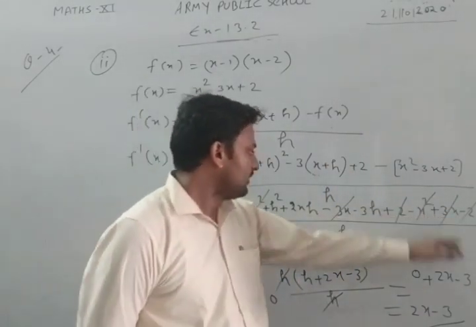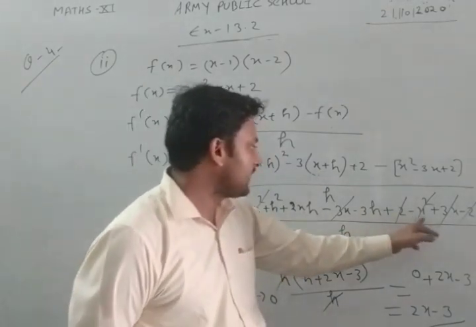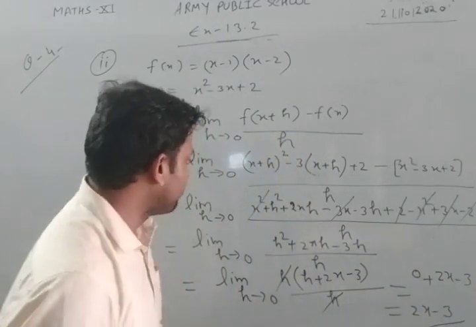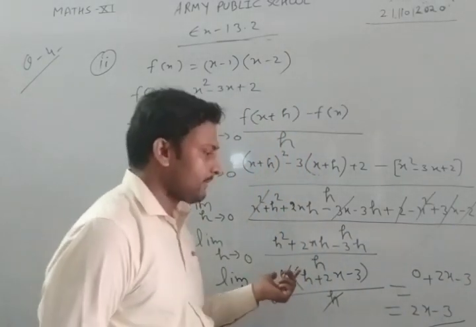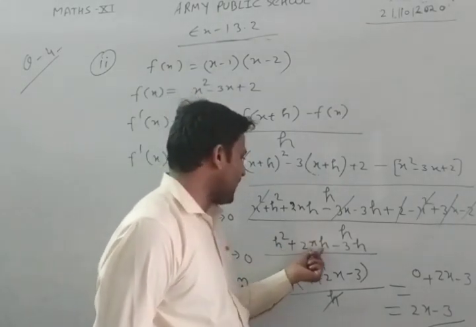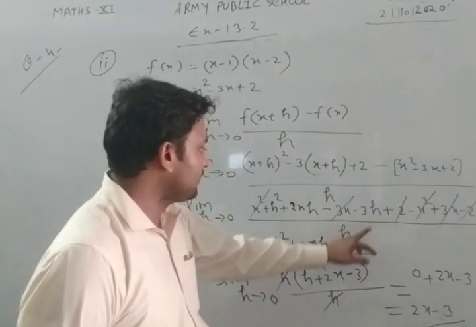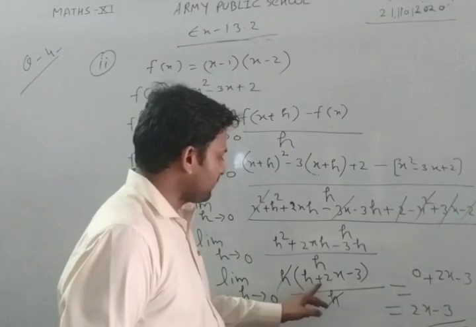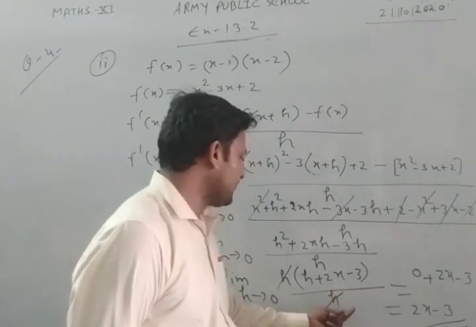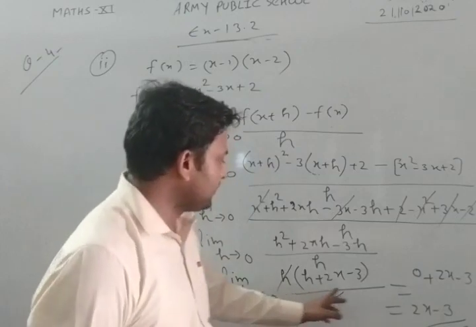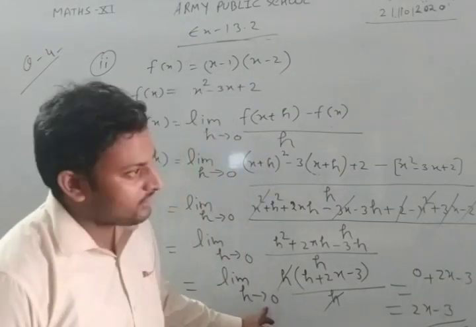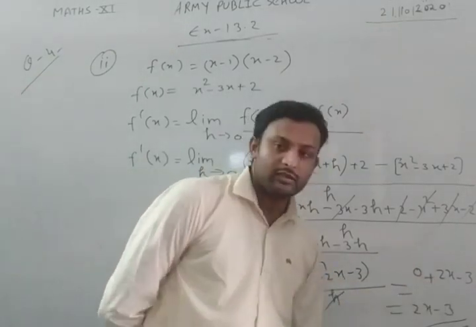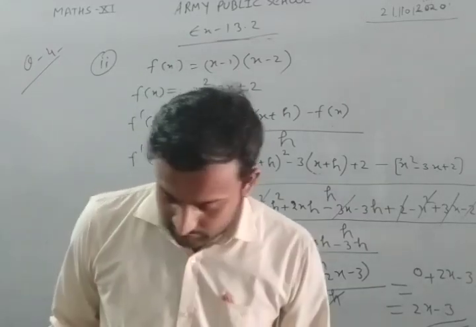We are seeing that x square is cancelled, minus 3x is cancelled, and 2 is also cancelled. The remaining term is h square plus 2xh minus 3h. Now here h is common in the numerator. We get h plus 2x minus 3, h is cancelled with h. Now put the limit of h, we get 0 plus 2x minus 3, so our result is 2x minus 3. Now we will see the next question.